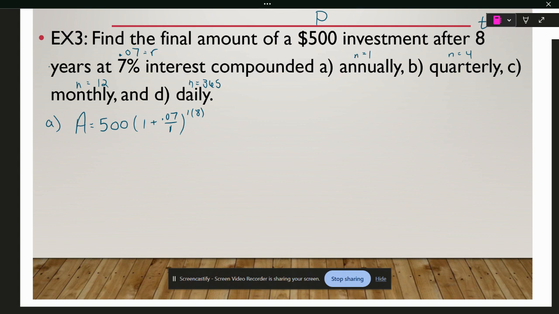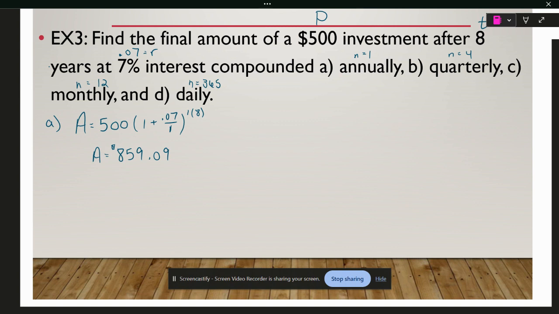So we'll go ahead and plug that into our calculator. And since this is money, we'll round to the penny, $859.09. That's pretty much it.